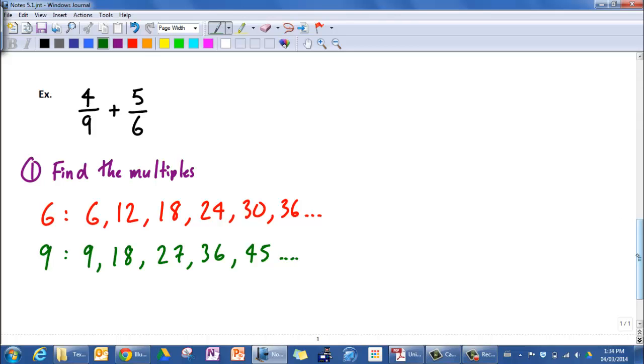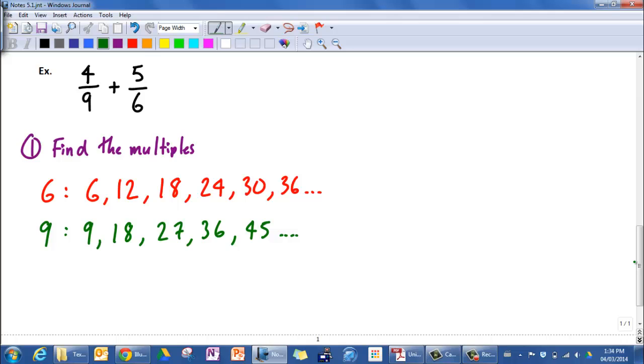So what we're looking for is what number is going to give us the lowest common multiple, which is going to give us our lowest common denominator. And if we look right here with 6, we have 18, and 9 also has a multiple of 18.